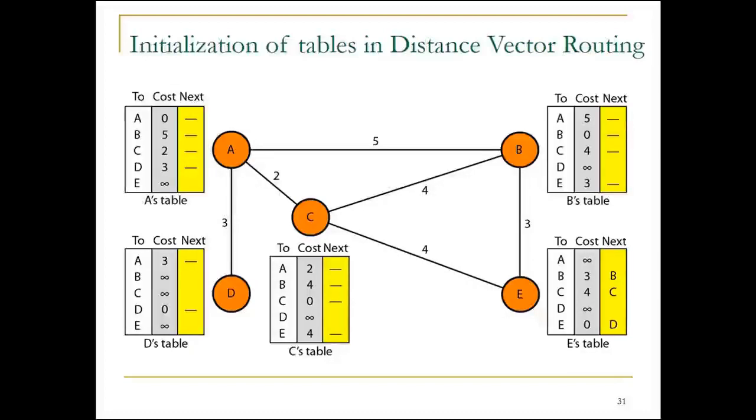Let's go into a much more in-depth illustration of how to build a table within distance vector routing. You've probably seen a similar network diagram before from early on when we were going through link state.